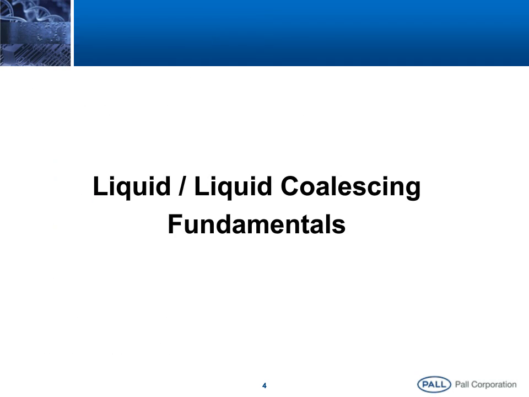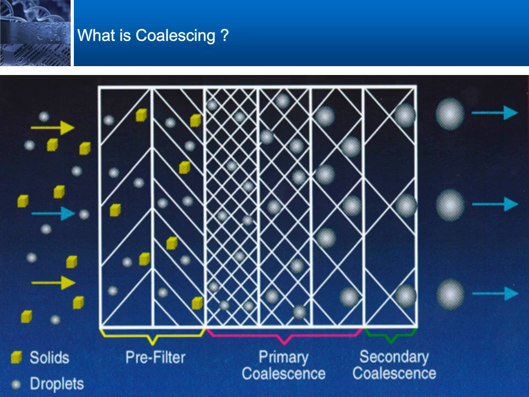So let's start off with a look at liquid-liquid coalescing fundamentals. Here we can see a picture of a coalescing medium with our flow from the left to the right side of the screen. Particles are shown as yellow squares. Droplets of discontinuous phase are shown as blue droplets, which we can see entering on the left-hand side as a very fine emulsion, progressively increasing in size until on the far side they have grown to much larger droplet size.